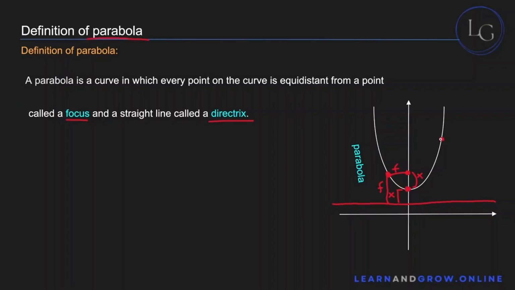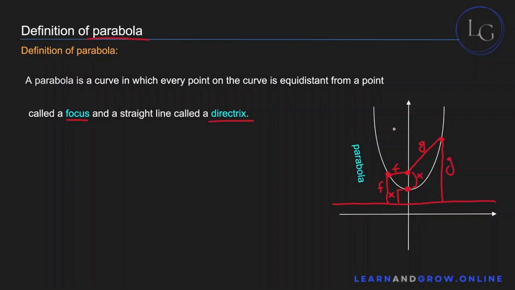You draw a line from this point to that point, and then you draw a line from this point down to the directrix. Both of these lengths are equal in a parabola. Let's say this is length g, and this will also be length g.